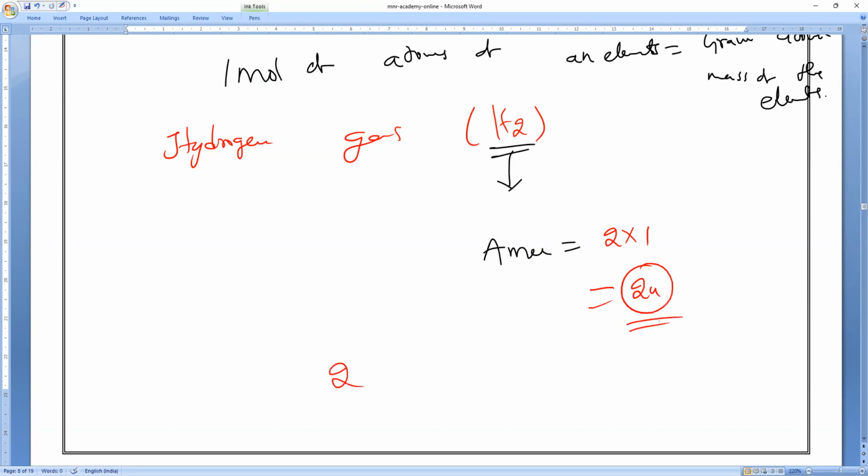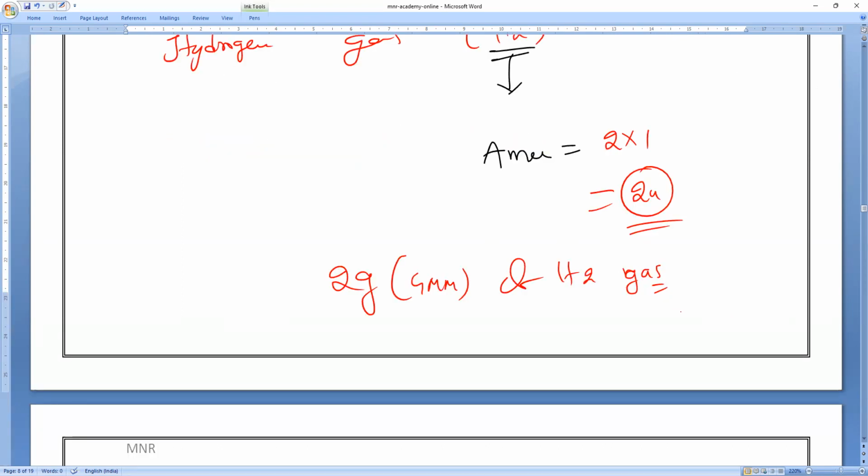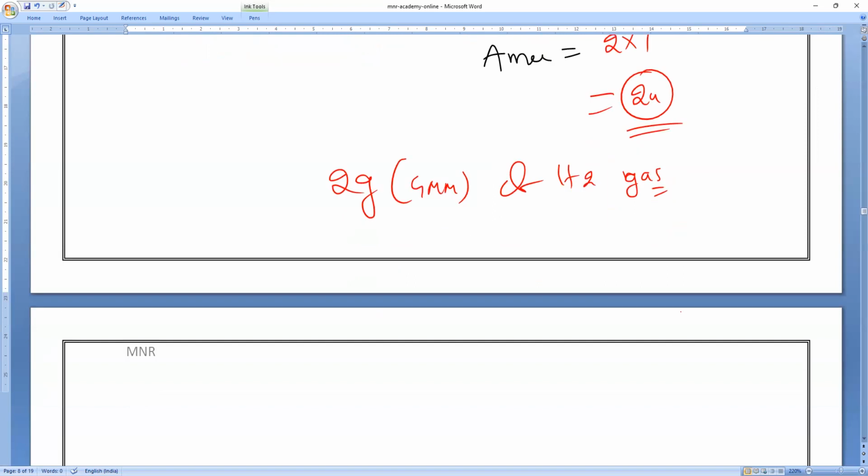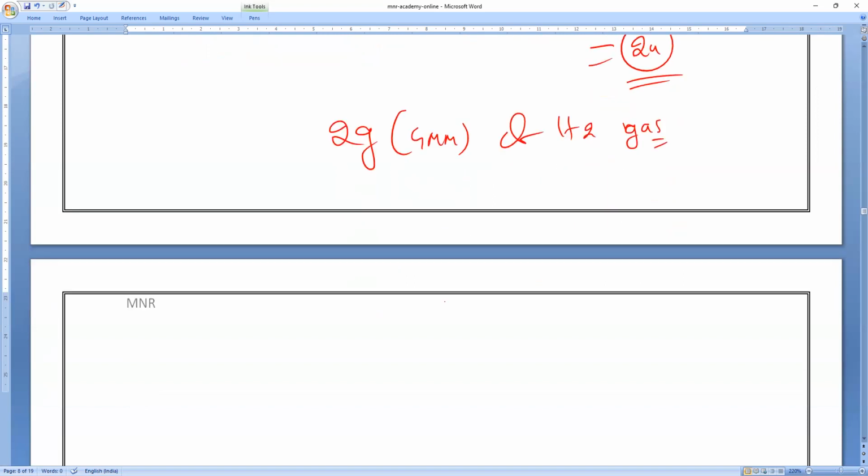Now listen, everybody. If I take 2 U as 2 grams, that is the GMM in grams. If I take 2 grams of hydrogen gas, how many particles are there in that gas? 2 grams of H2 also contains the Avogadro number, 6.022 into 10 power 23.